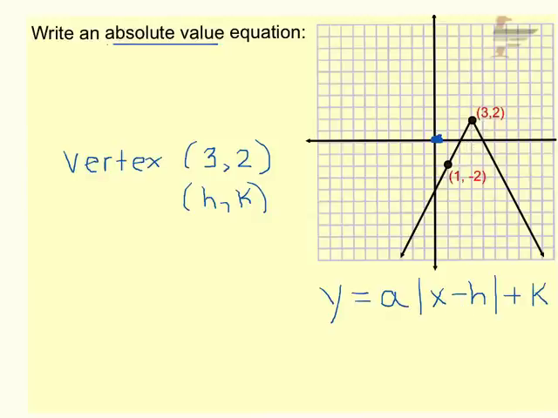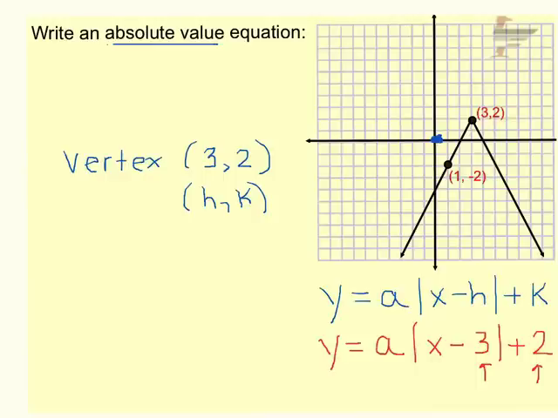Because it's minus h, I want to write that it's shifted over 3 and up 2, to the right 3 and up 2. So it's going to be x minus 3, and then plus 2. So again, there's my h and there's my k.